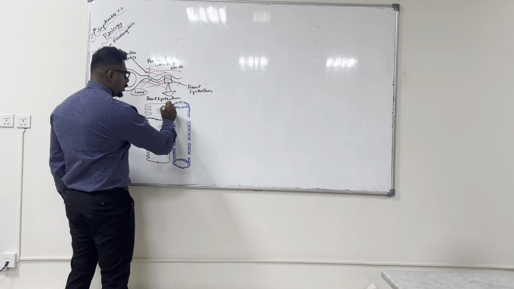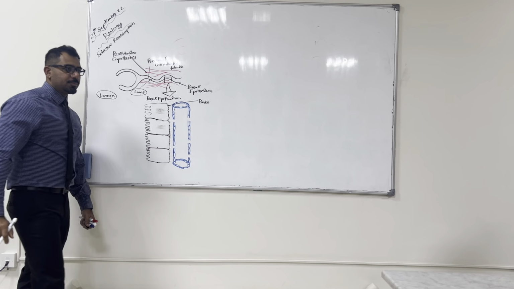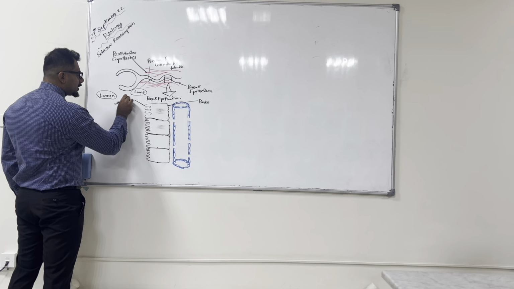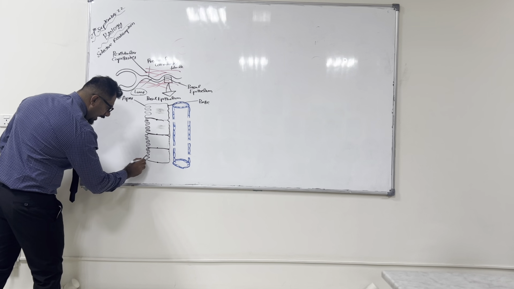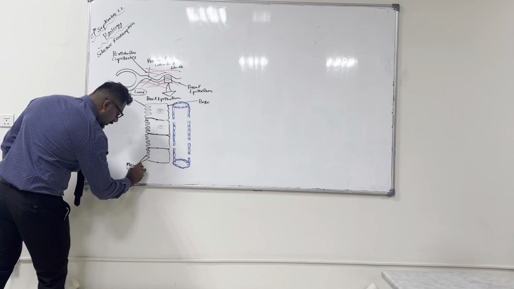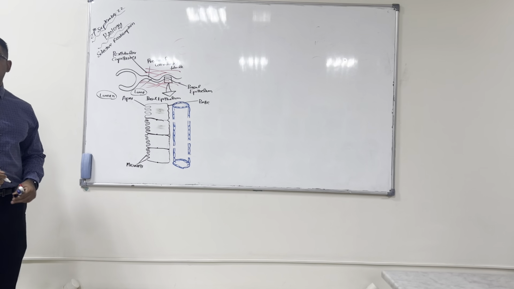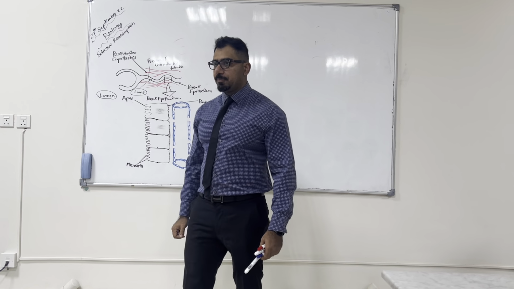Also remember, I told you guys that this over here is called the base of the basal epithelium, right? And this side is called the apex of the basal epithelium. We have also discussed that these are microvilli and villi, right? Over here there are villi and microvilli, both. They increase the surface area.